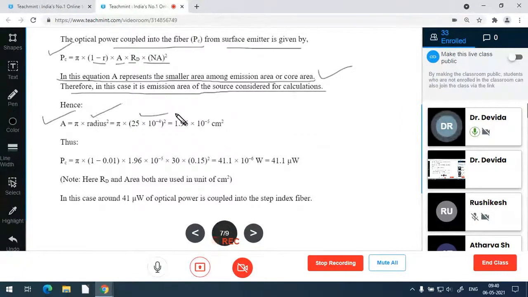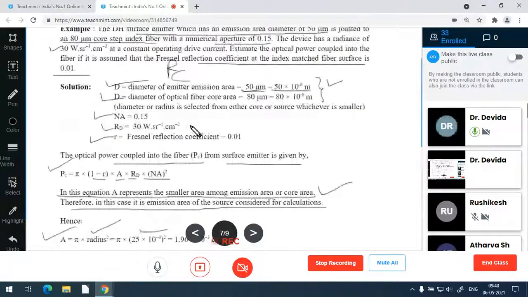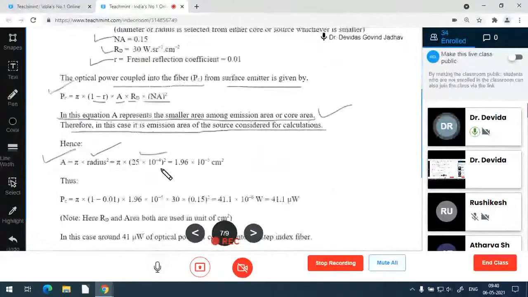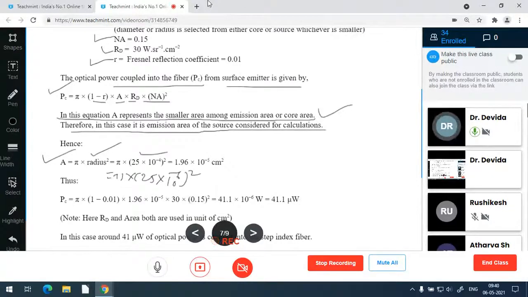That was wrong, so this must be pi into 25 into 10 raised to minus 6 square. So pi into 25 square, 25 square is 625 into 3.14, so it is around 1800, isn't it? 1800 something.